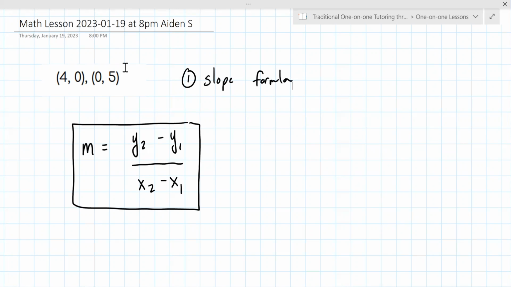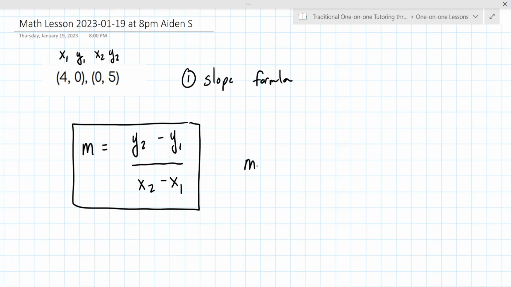Now, in terms of what these mean, the reason we use these subscripts is because there are 2 x's. Remember, ordered pairs are x comma y. So when you have 2 of them, you have to label them with a subscript: x1, y1, x2, and y2.